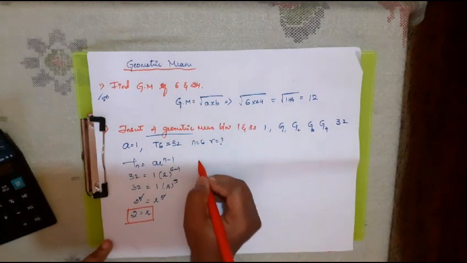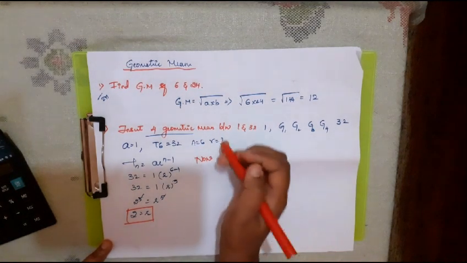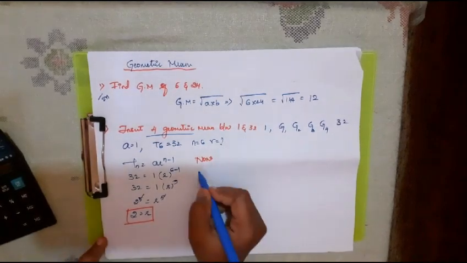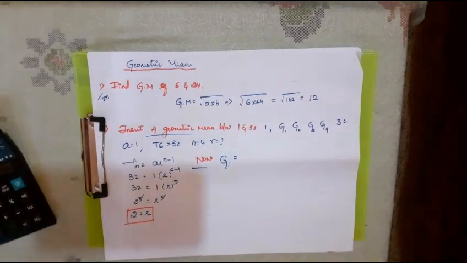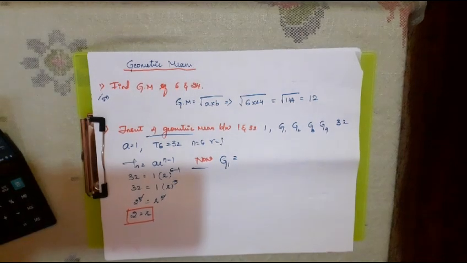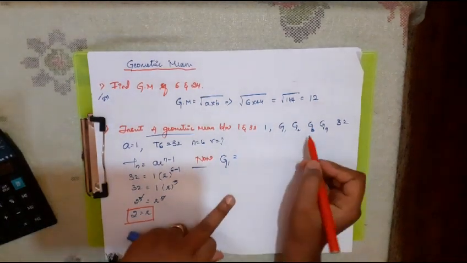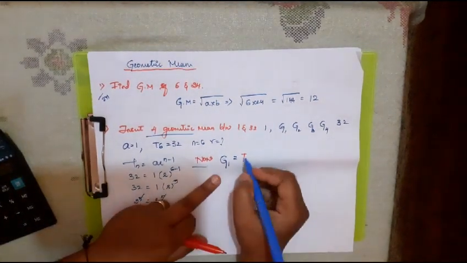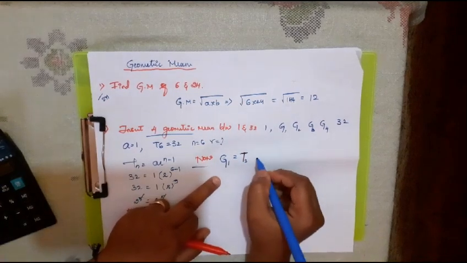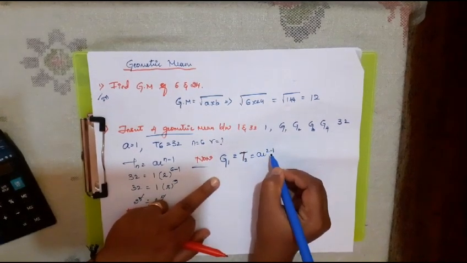Okay, so now we have to calculate G1. G1 is the second term, so G1 is T2, AR to the 2 minus 1.